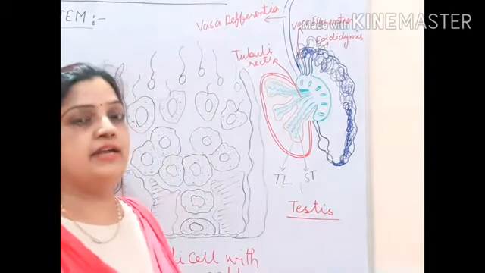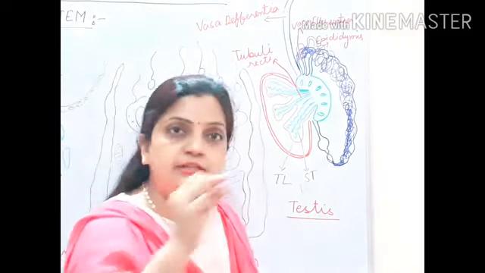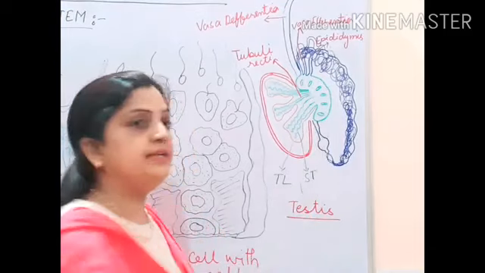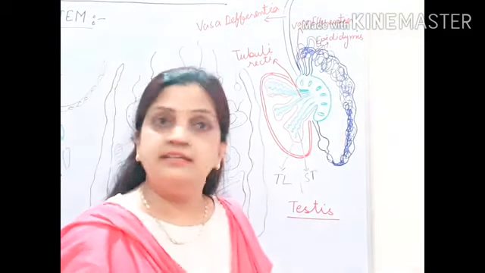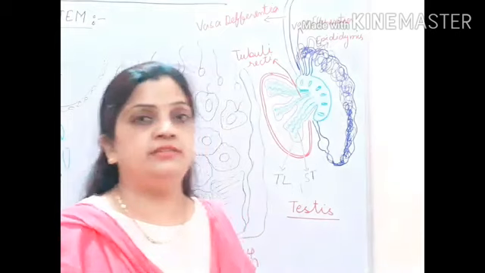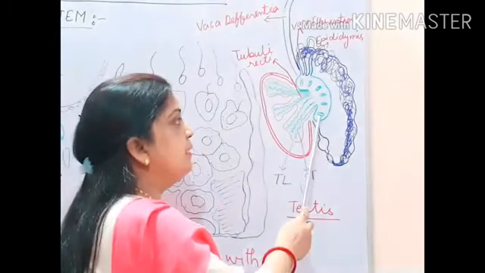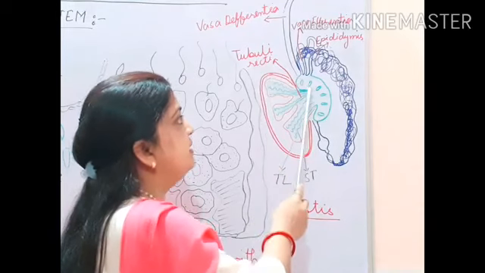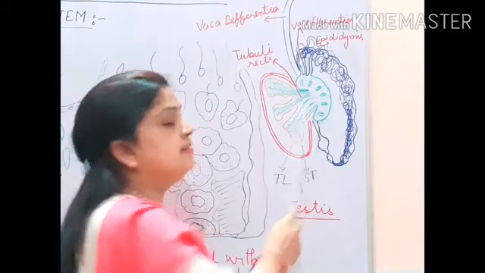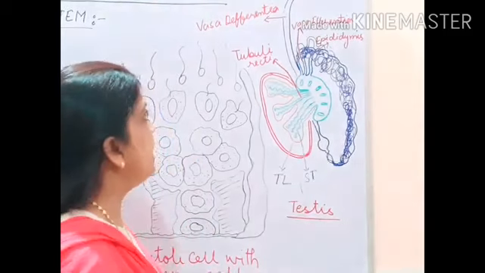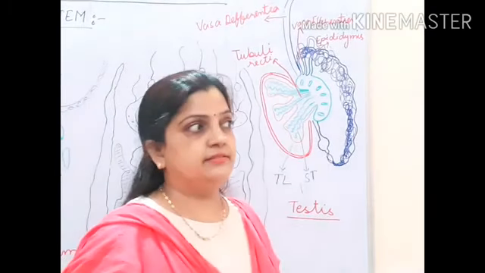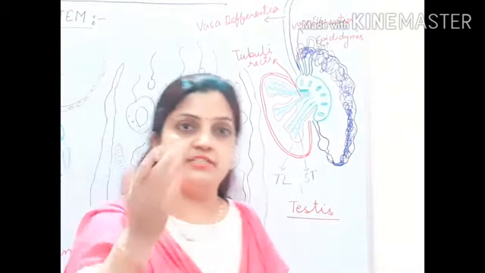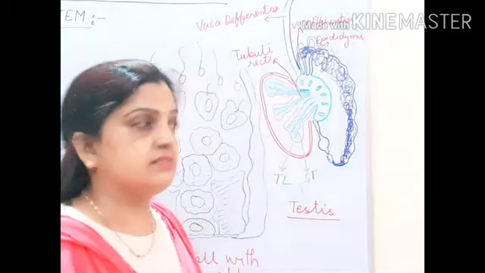Now these tubuli recti, very fine tubes, meet together at a place in the mediastinum testis. This word also you are familiar with. In the mediastinum testis, all these tubuli recti meet together and form a part called rete testis. Rete testis, this word is also familiar, we have discussed it before.